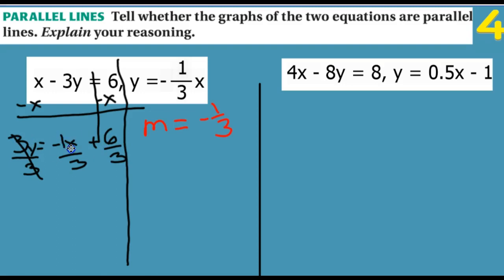Now we can put a 1 in between the x and the negative. So we get y equals negative 1 over 3x plus 2. This makes our m negative 1/3. Now if the lines have the same slope, that means they're parallel. To me it looks like they have the same slope, so these two lines are parallel.